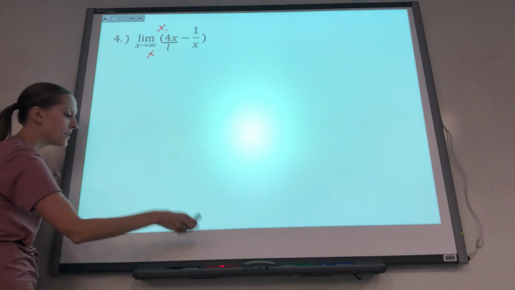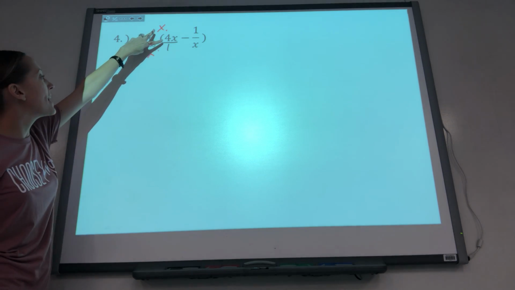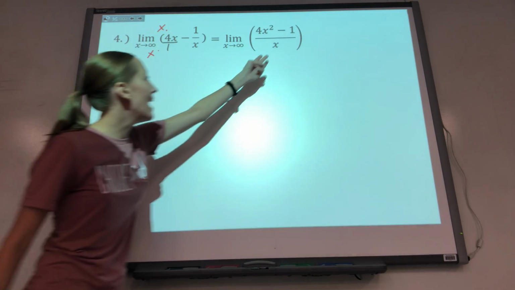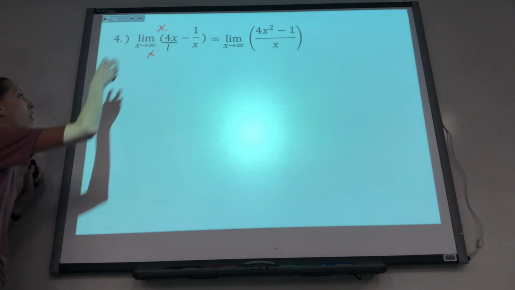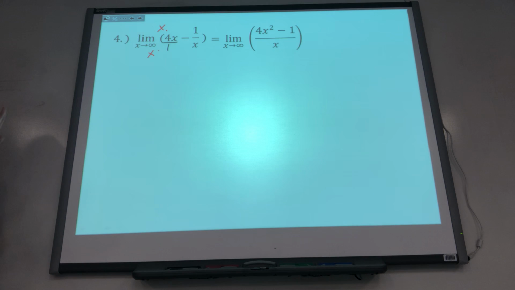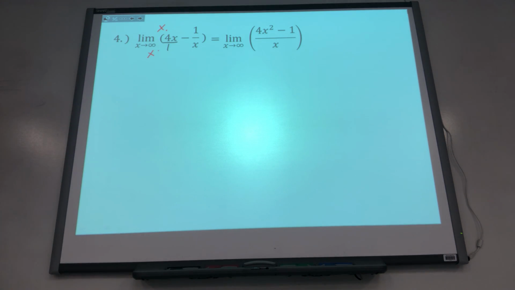So if I just multiply that first fraction by x on top and bottom, this would turn into 4x squared over x. I went ahead and put that all together though. 4x squared minus 1. I didn't touch the 1 because it already had the correct denominator. 4x squared minus 1 all over x. You should really get it all together before you determine m and n.